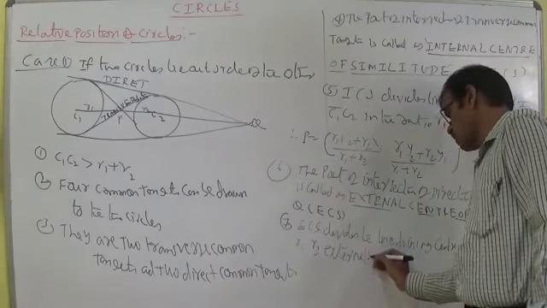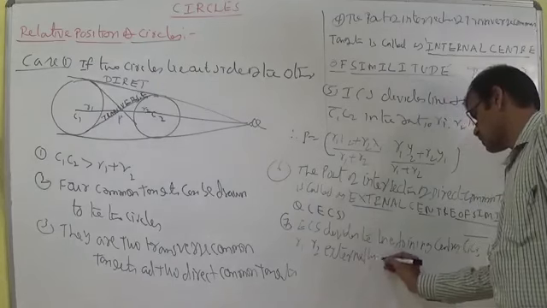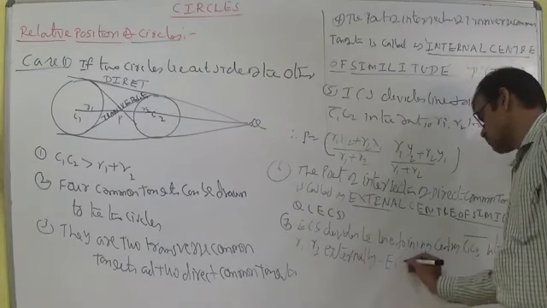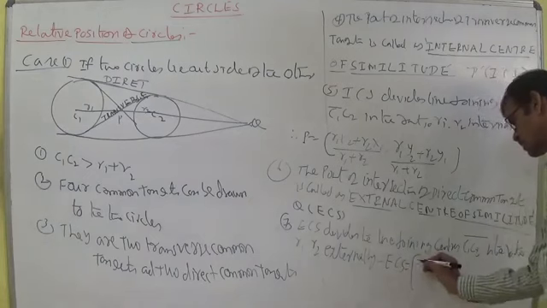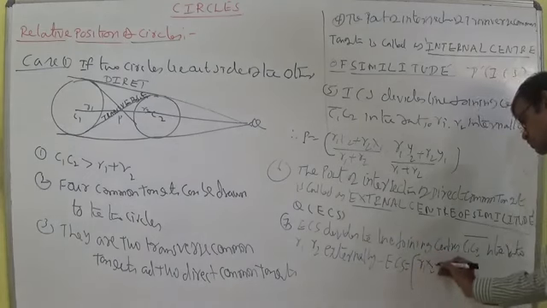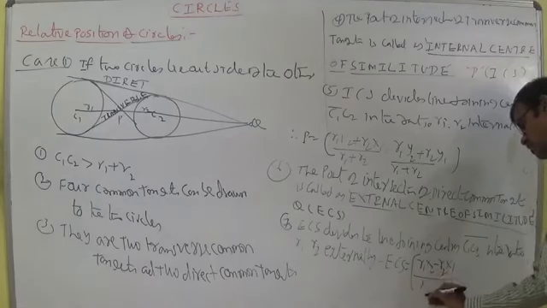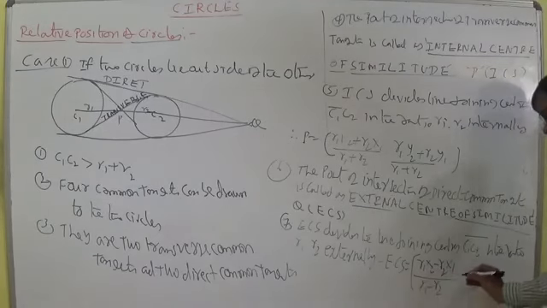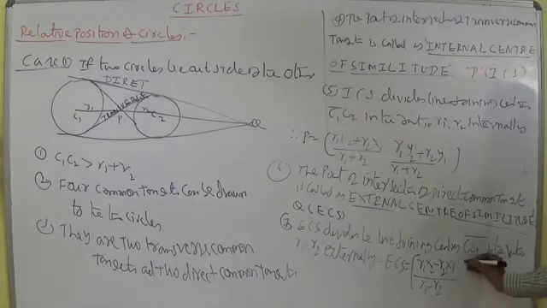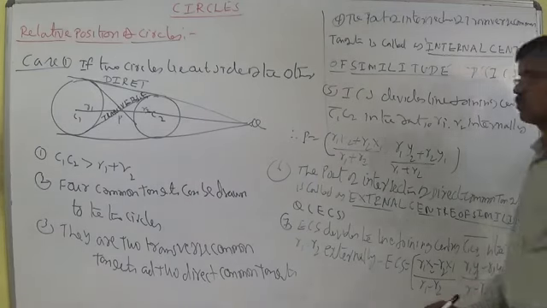That is equal to, the ECS formula you write like this: the external ratio formula R1x2 minus R2x1 by R1 minus R2 comma R1y2 minus R2y1 by R1 minus R2. This is the most IMP concept.